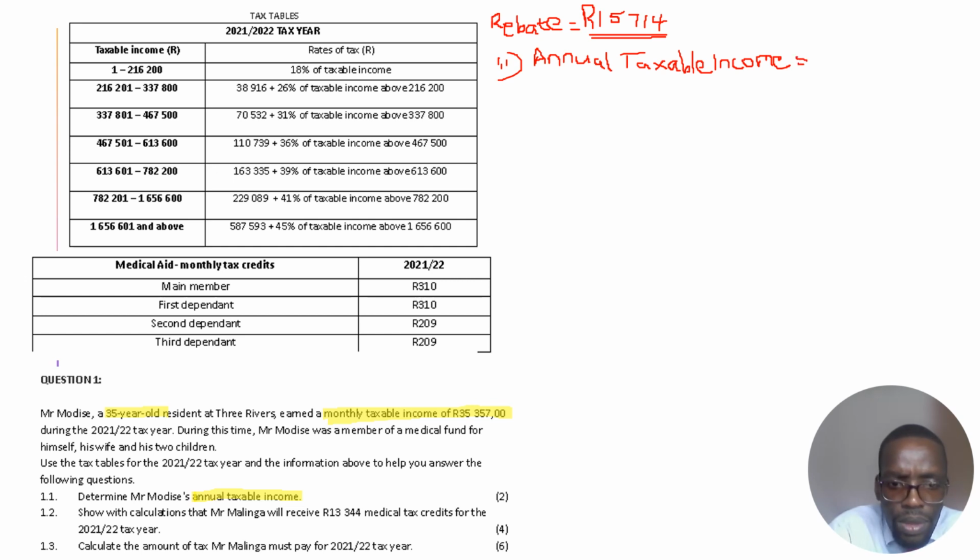It's the monthly amount, which is 35,357, times 12.